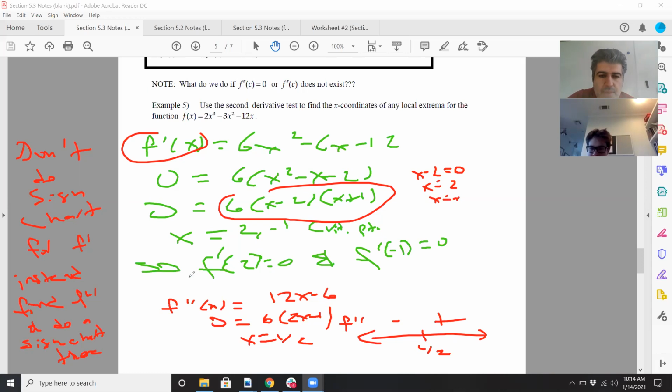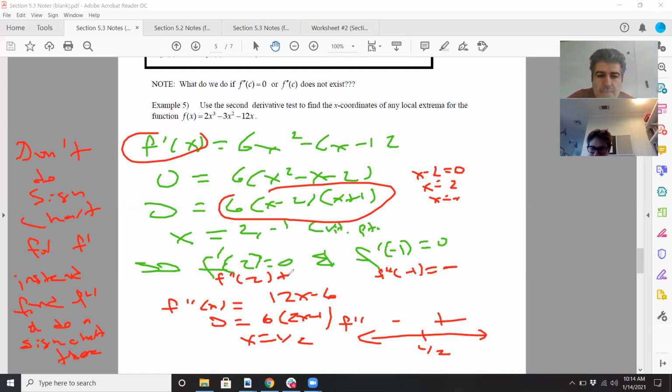Anyway, I did a second derivative, 12x minus 6, factor out a 6, solve for x. Saw where the second derivative is positive and negative. So f double prime of -1 is negative, obviously in that interval. f double prime of 2 is positive, obviously in that interval.